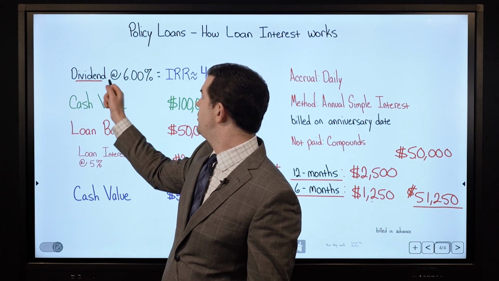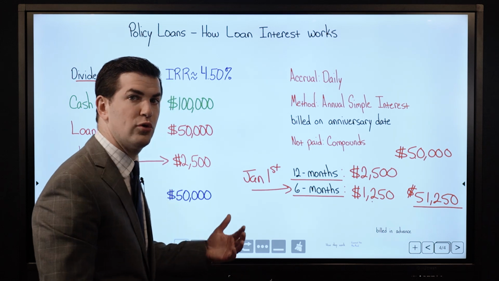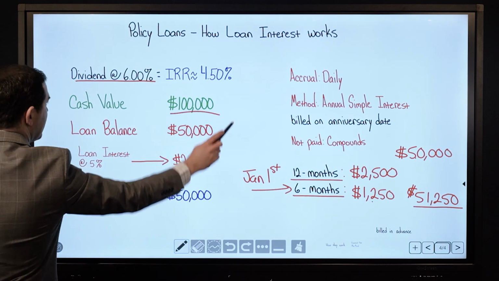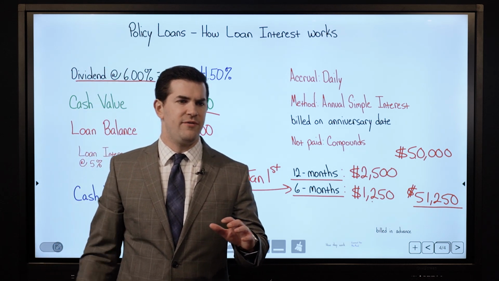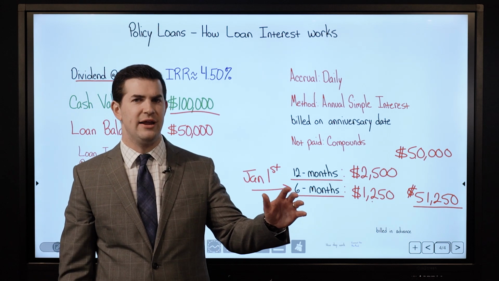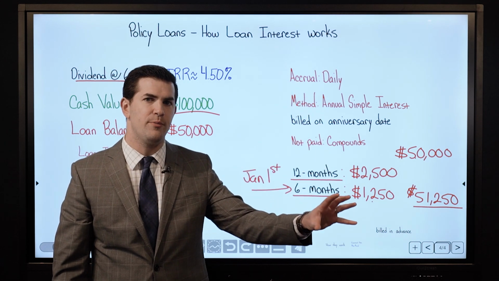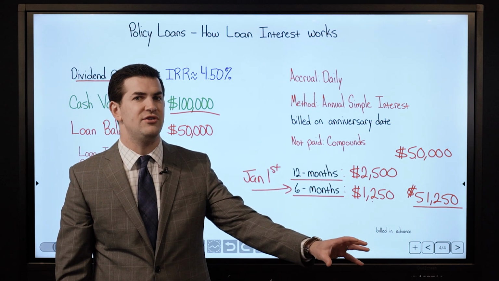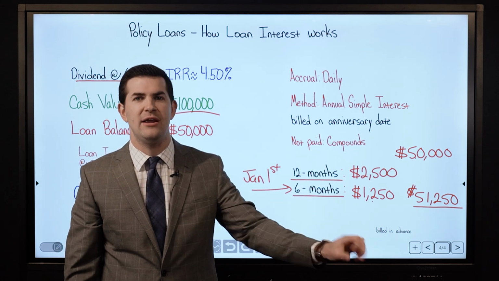All the meanwhile, you're still earning that 6% dividend, or that's still being credited to your full cash value as if you had the full 100K. A nice feature, and we go through this in a lot of our videos on how policy loans work, is I like to see what a policy looks like if I just let it sit and grow, and then take that same model and see what it looks like when I borrow against it and don't pay it back, pay interest only.